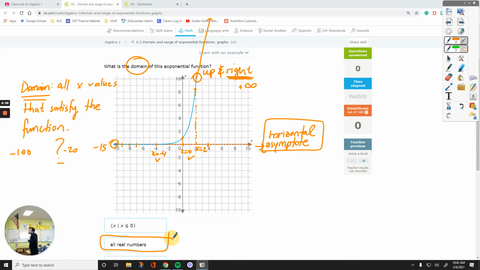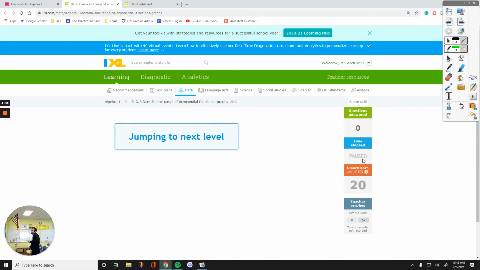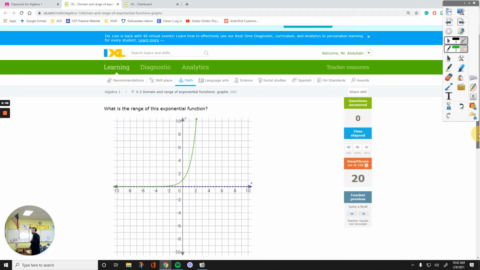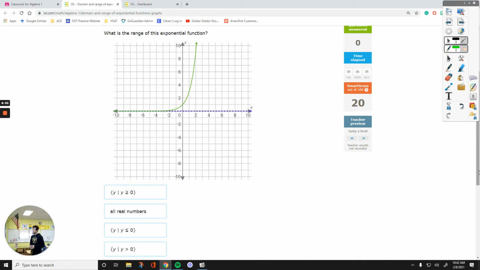Now, let's move on to the next question. Or next level. Okay, what is the range of this function? We know that it is exponential because of how the graph looks like.